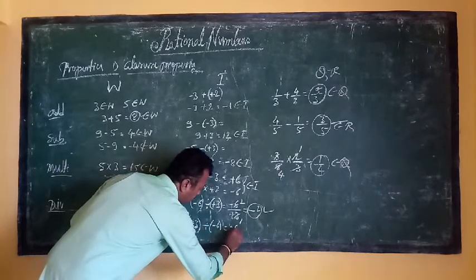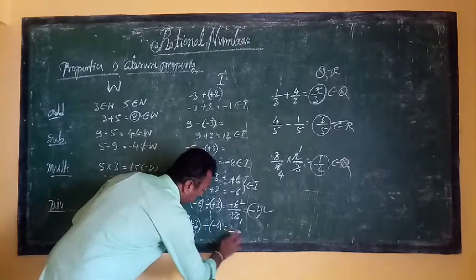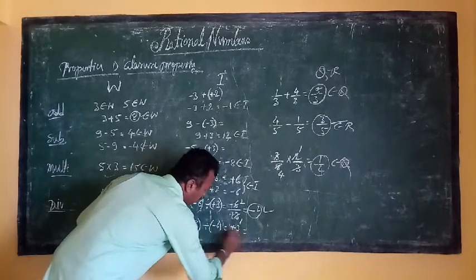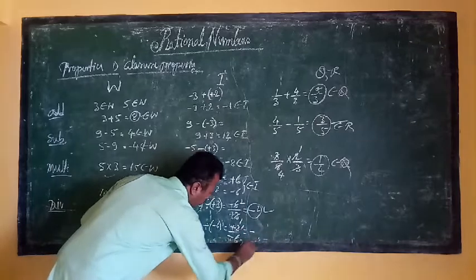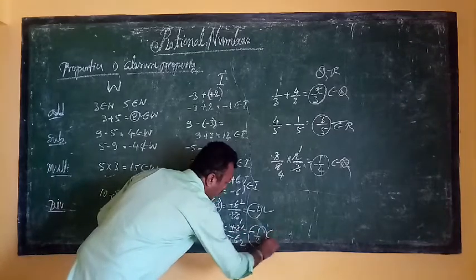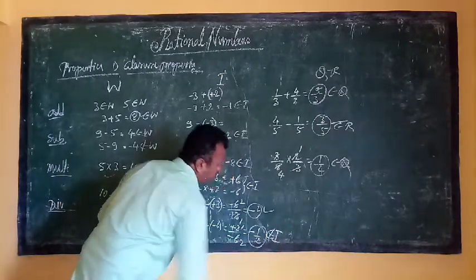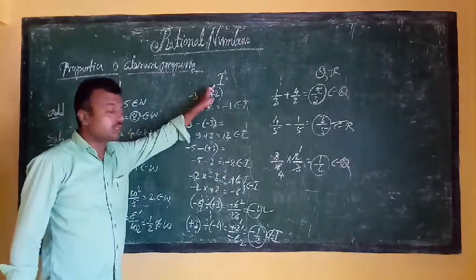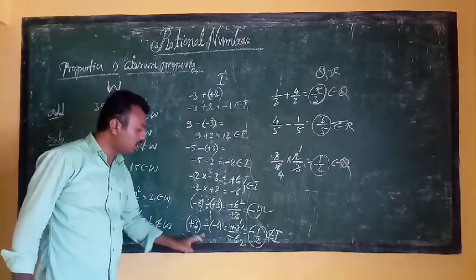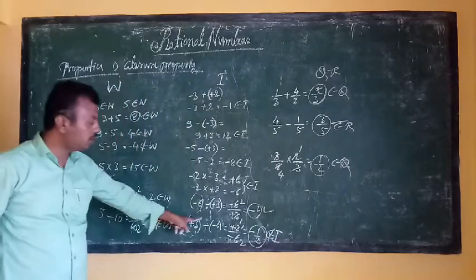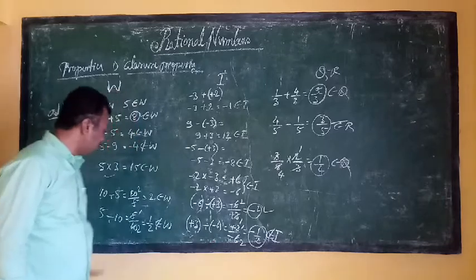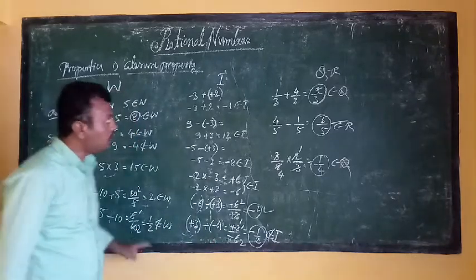What happens? Plus divided by minus. 3 ones are 3, 3 twos are 6. It becomes -1 by 2, but it does not belong to the integers. Therefore, the closure property does not hold. The closure property of integers does not hold under division. So in division, the closure property is not satisfied for integers, and also not for whole numbers.